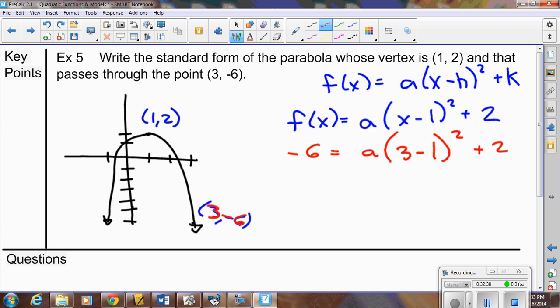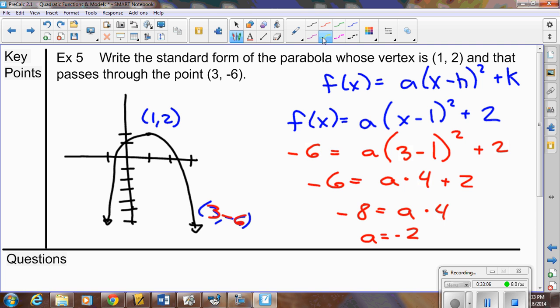3 minus 1, that's 2. 2 squared gives us 4. So a times 4 plus 2. Subtract off the 2. Negative 8 equals a times 4. Dividing by 4 would tell us a is equal to negative 2.